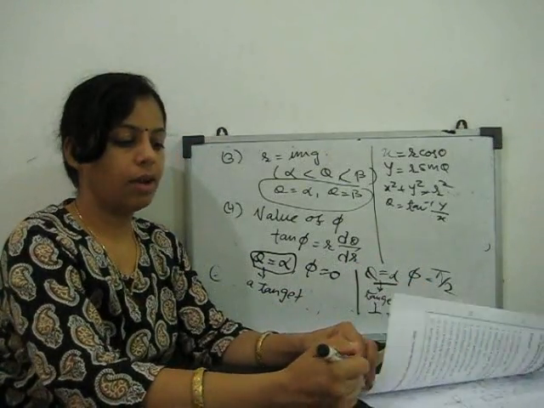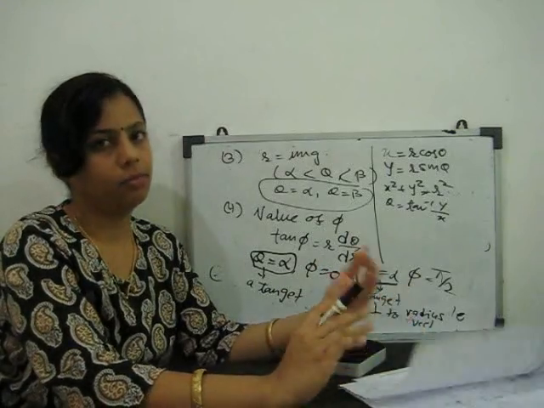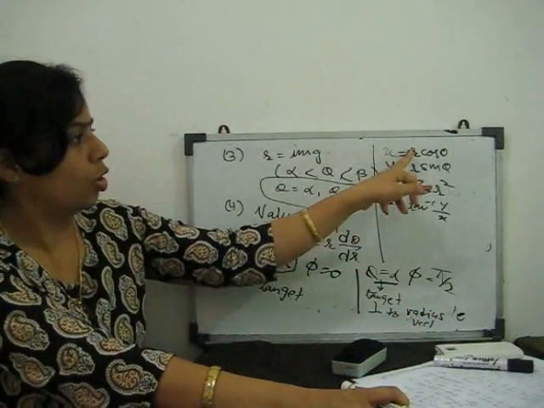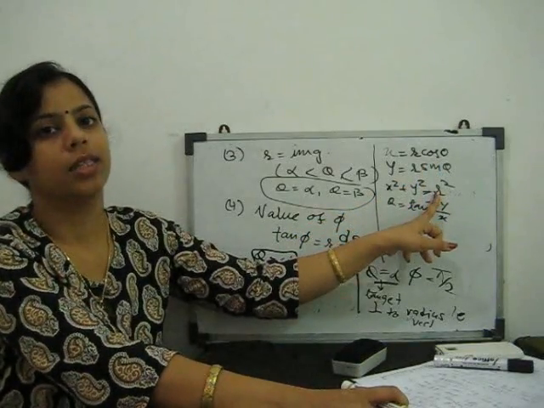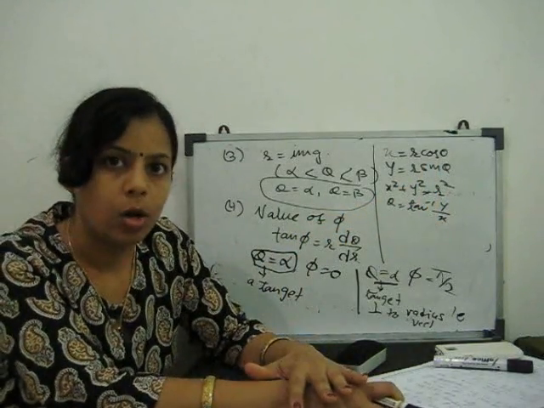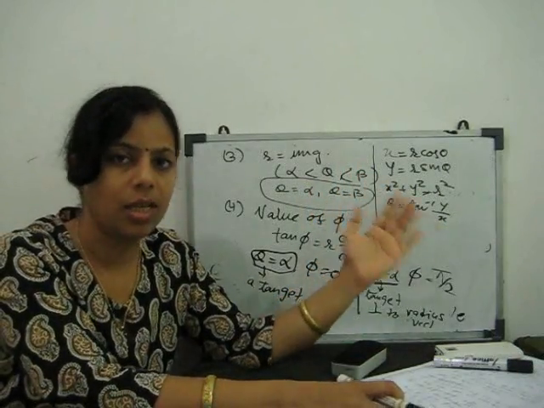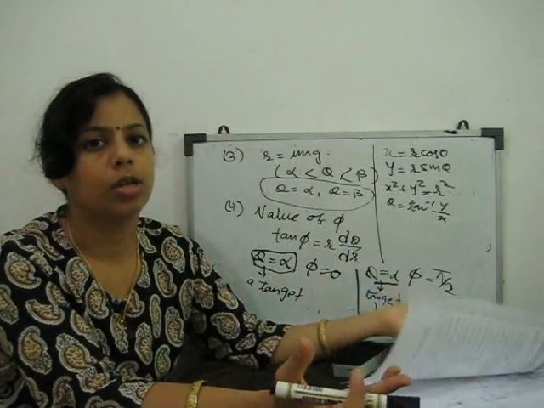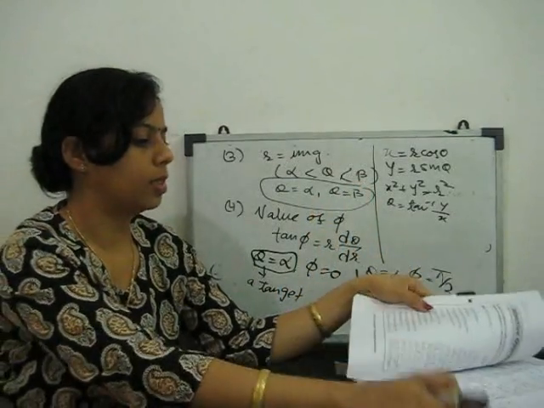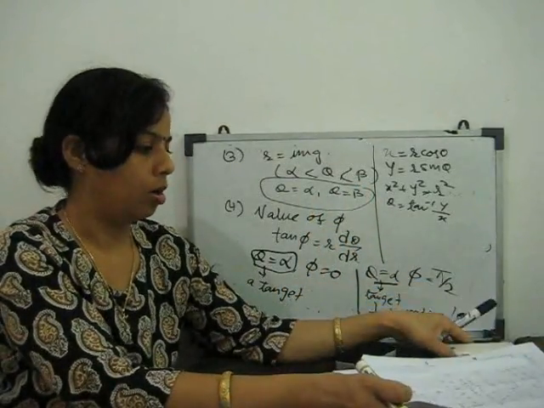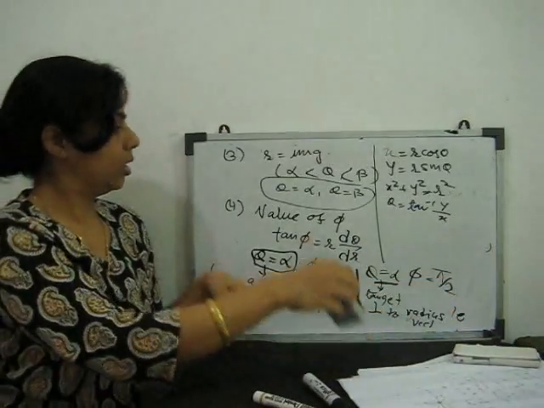You just put x equal to r cos theta and y equal to r sin theta, your polar coordinates convert into Cartesian, and you can go with the Cartesian process. Now we discuss some problems on polar coordinates.